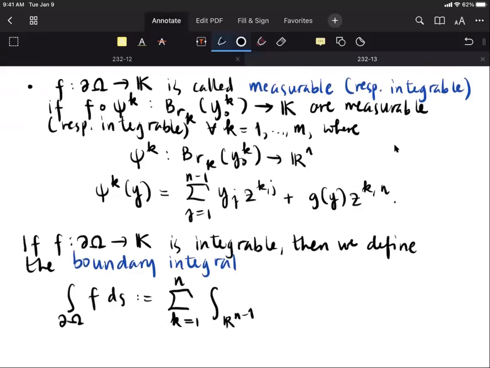So here we cut off f using the partition of unity. So take note that if you sum this over k, you get basically 1.